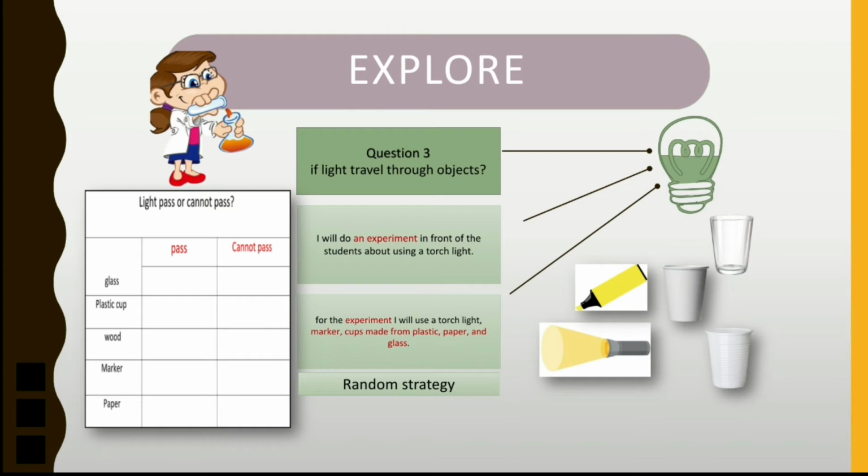First is glass, second is a plastic cap, third is wood, fourth is a marker, and fifth is paper. So, here you must think about which objects the light can pass through and which objects the light cannot pass through, by putting a tick on the right column.